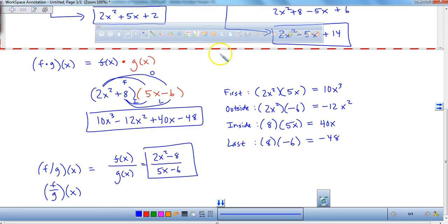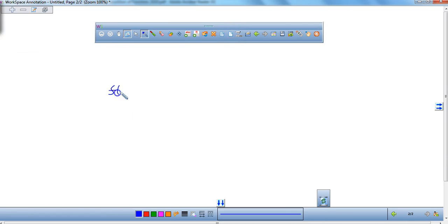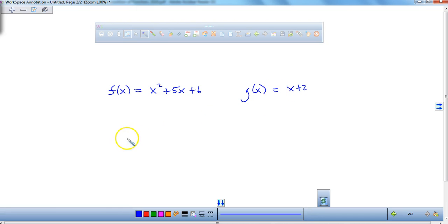If you were going to get one that you would be able to factor, it would look something like this. Let's say f of x equaled x squared plus 5x plus 6, and they said g of x was equal to x plus 2, and they said, what's f divided by g of x?